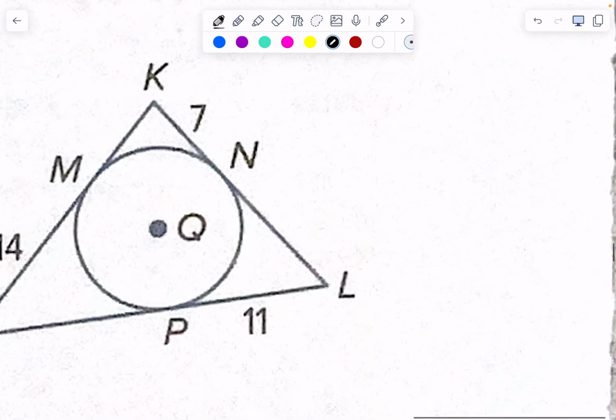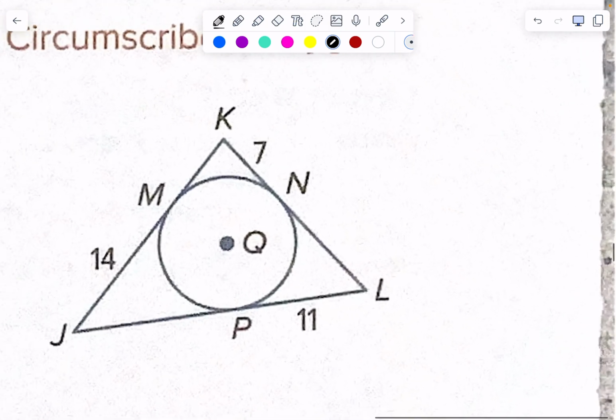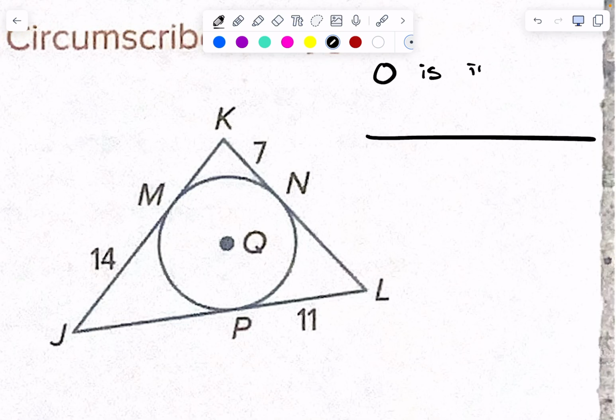I'm going to tell you some terminology. I'll try to make sure the correct word comes out of my mouth, because it's circumscribed. Here is what I'm about to teach you. The circle is inside the triangle, true? So I could say the circle is inscribed in the triangle.